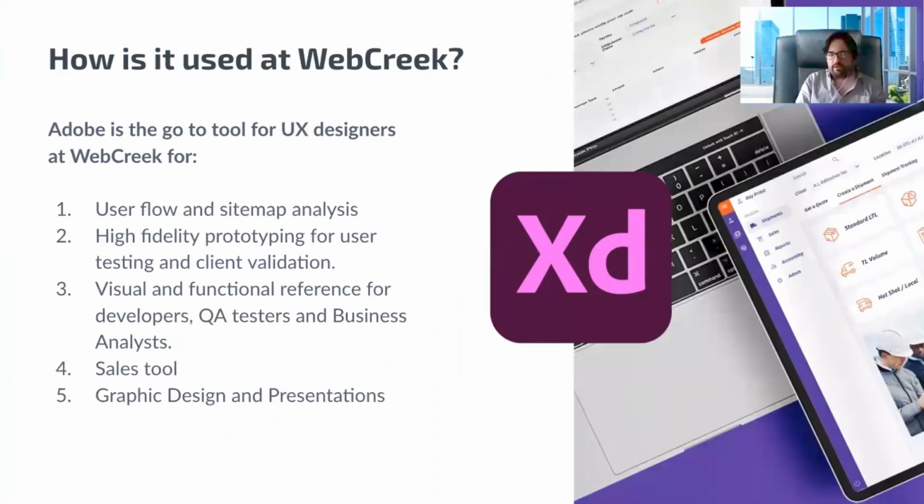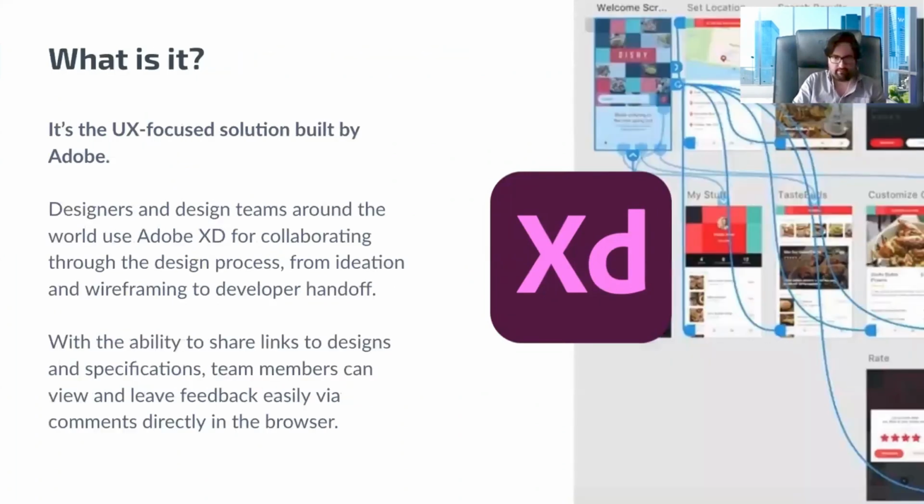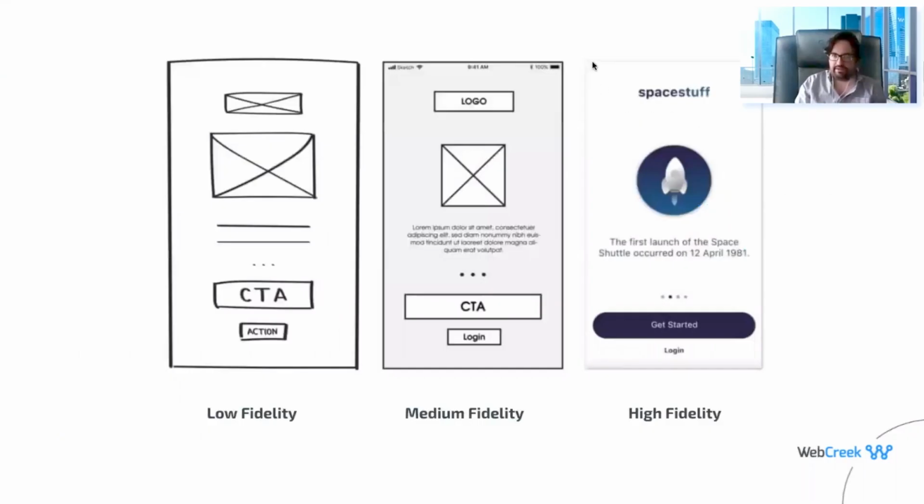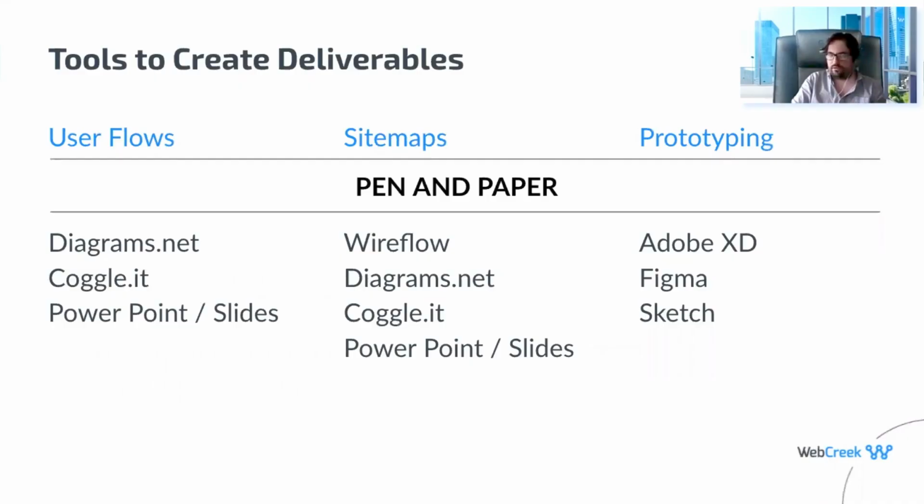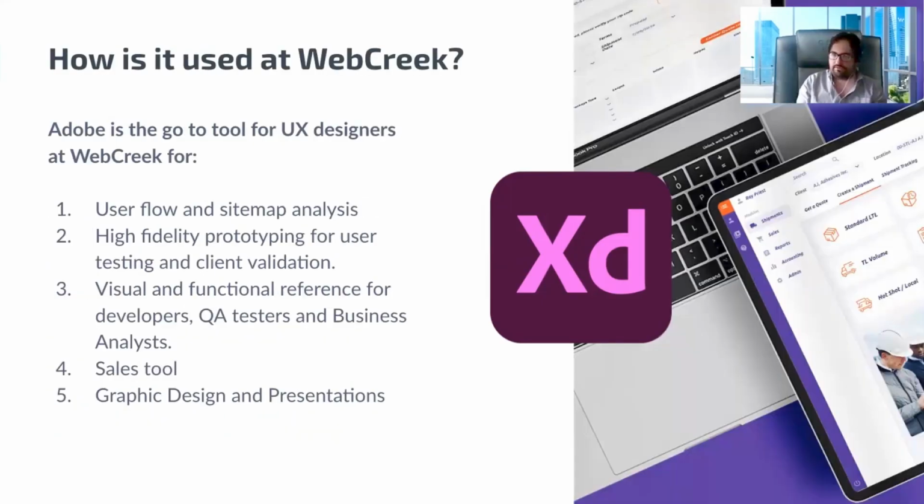And how do we use it at WebCreek? We use it for basic things like user flows and sitemaps, but it's mostly for high fidelity prototypes. Let me go back to the example. We talked about the end step of the design process. Well, actually before evaluation, but this is where we give all the lights to the design, right? We add all the colors, all the resources and the visuals that make this look and feel like a final product.